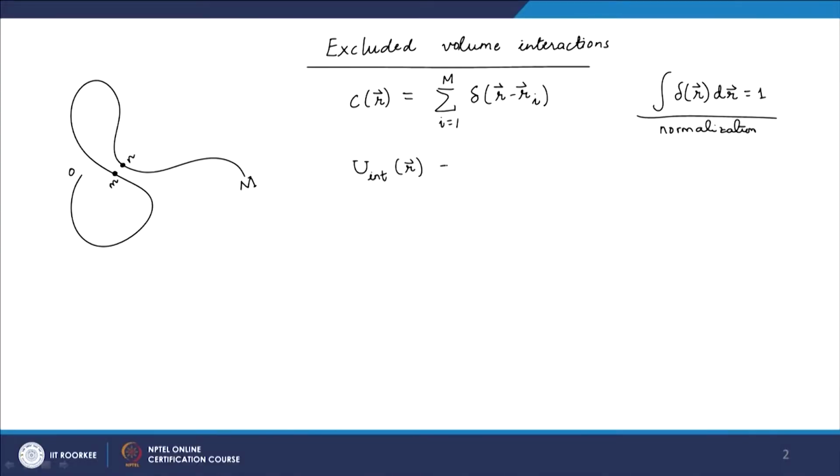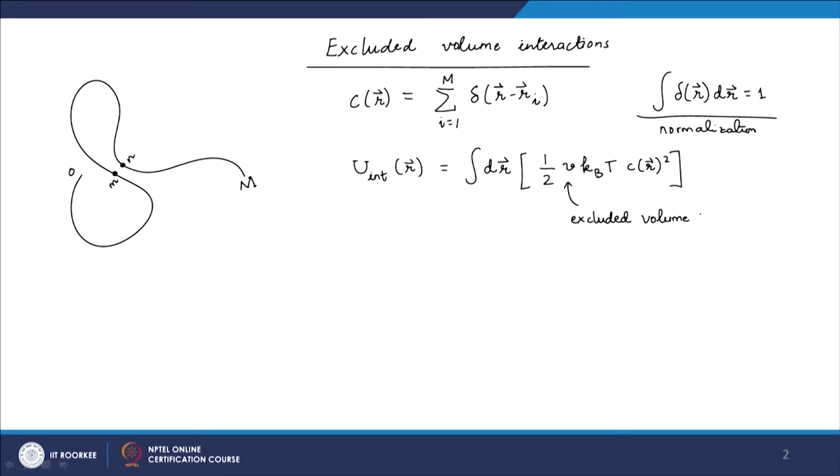Based on that, what we have derived is the total interaction energy given by this particular expression, where v is known as the excluded volume parameter.